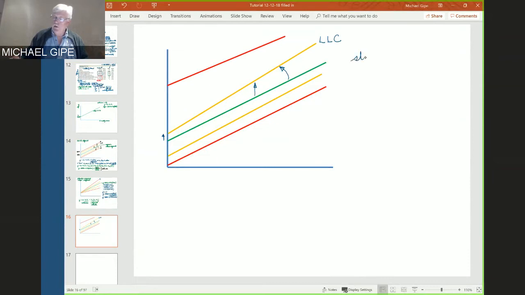So we'll start with the base model. We'll add the intercept effect, or the parallel shift, then add the cross-term slope for each case.